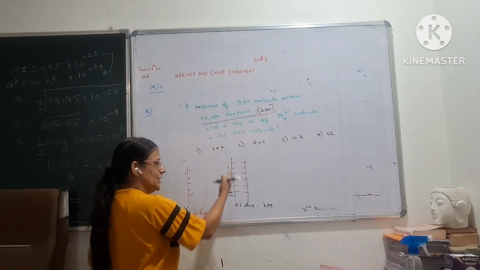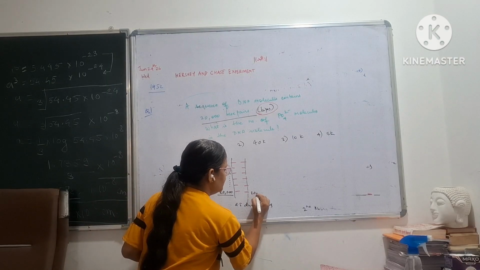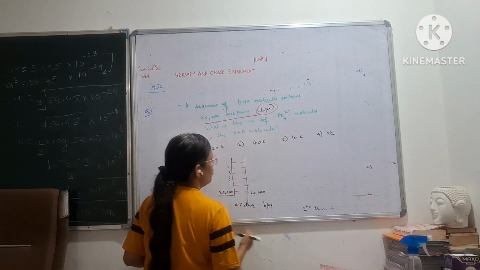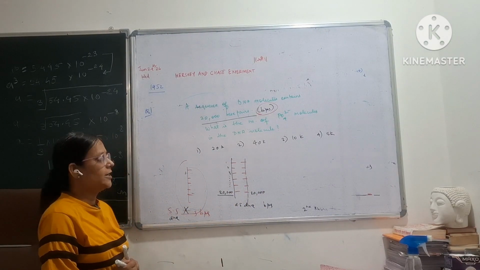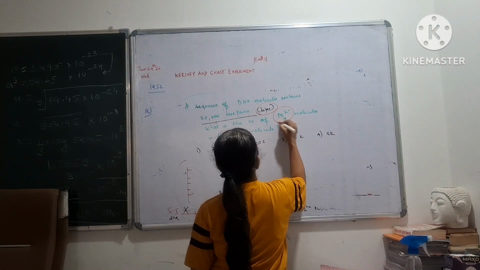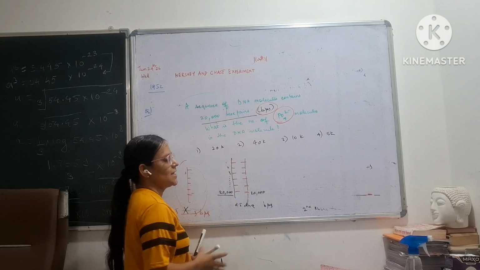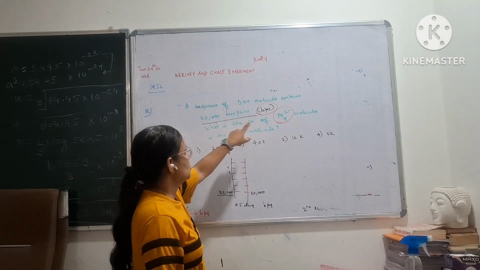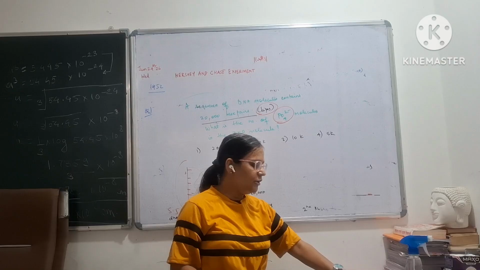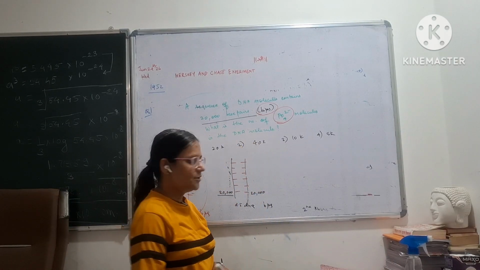That means 20,000 bases or nucleotides are present in one strand, and obviously 20,000 bases will be present in the other strand. They are asking what is the number of phosphates in the DNA molecule, meaning in this whole double-stranded DNA molecule, what is the total number of phosphates? Now we know that in one nucleotide, we are having one phosphate, right?